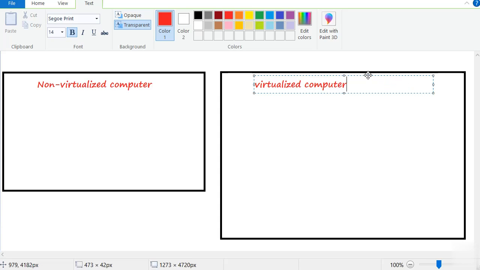We will see what is the difference between non-virtual computer and virtual computer.